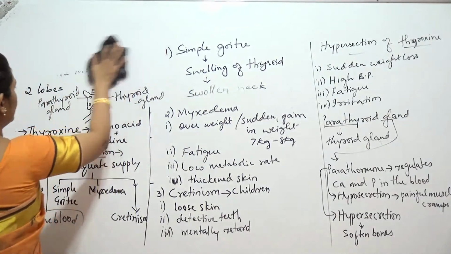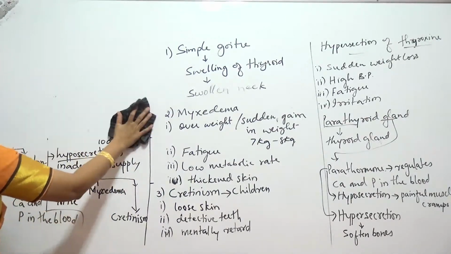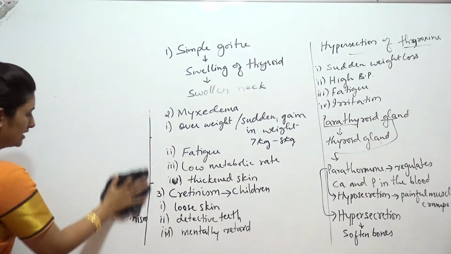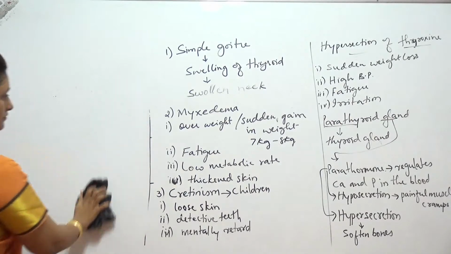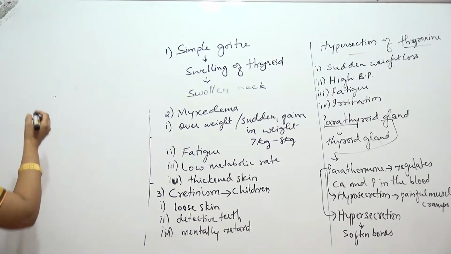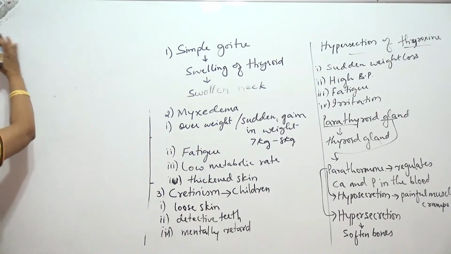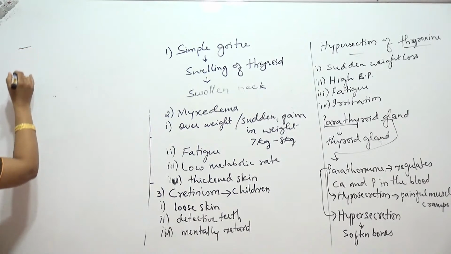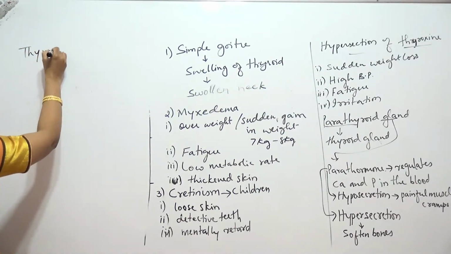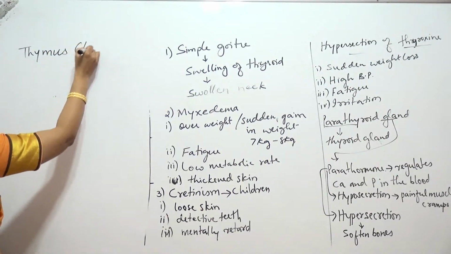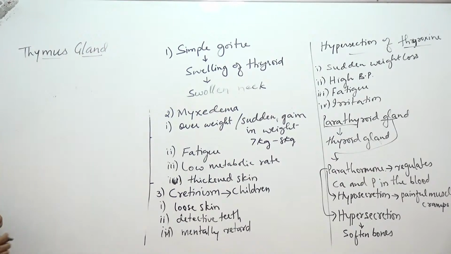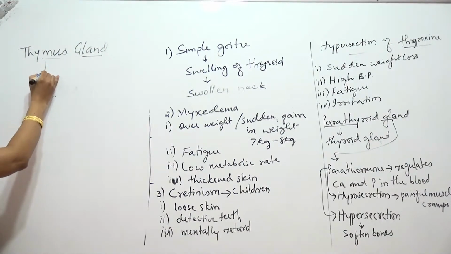The next type of gland we come across is the thymus gland. Where is it located?